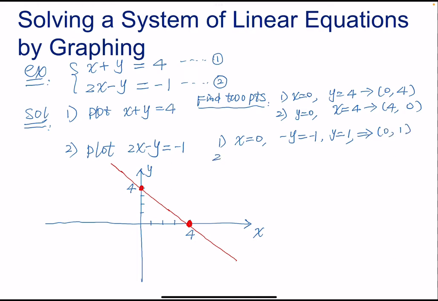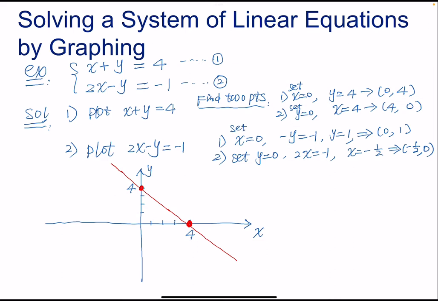And then I set y equal to 0, then I get 2x equals negative 1, which means x equals negative half. So this gives me (negative half, 0), the second point.